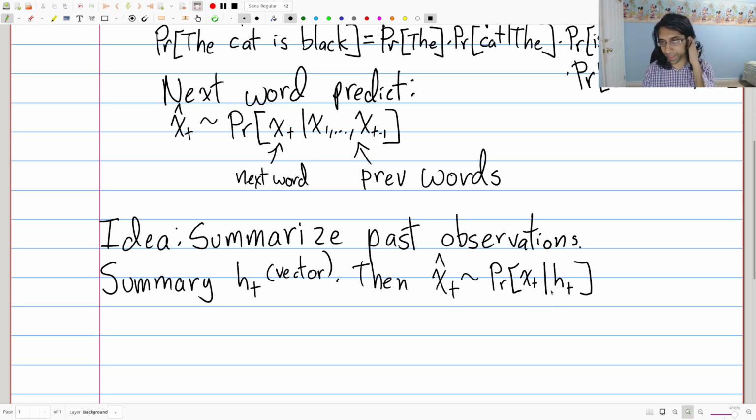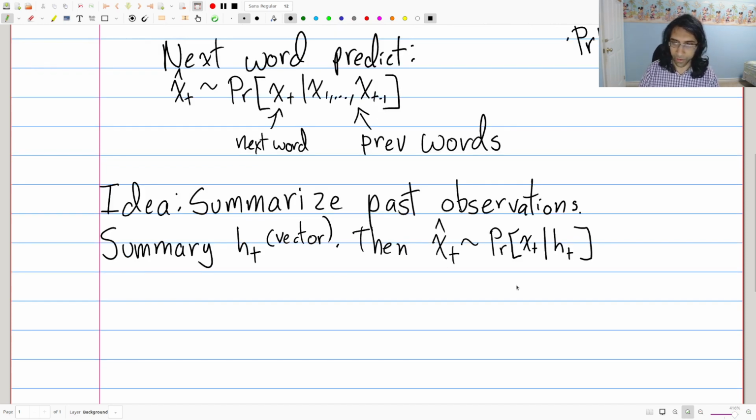So if we do something like this, then it becomes more tractable, and you'll see how we're going to do similar types of things we did before very briefly. But okay, so the question is, what exactly is h sub t?